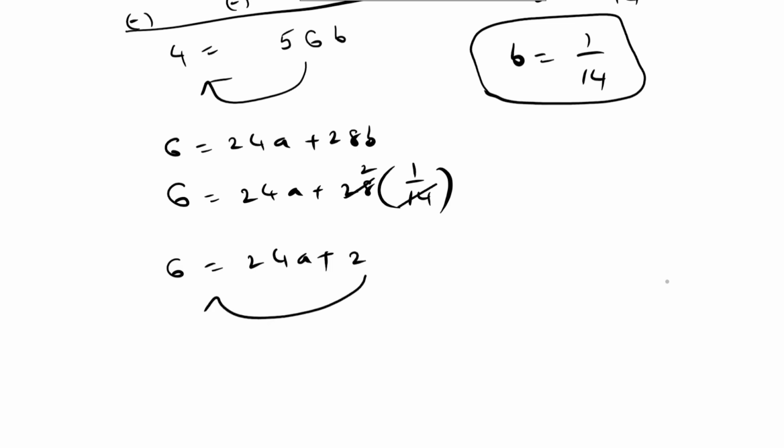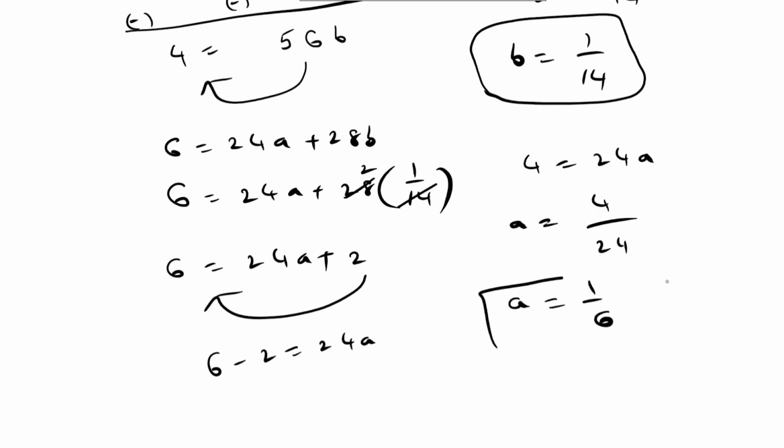Taking 2 to the other side, 6 minus 2 equals 24a. 6 minus 2 is 4. 4 equals 24a. Then a equals 4 by 24. So a value is 1 by 6, and b value is 1 by 14.